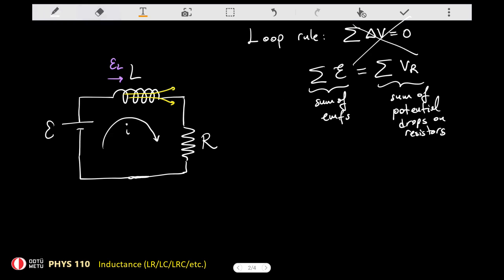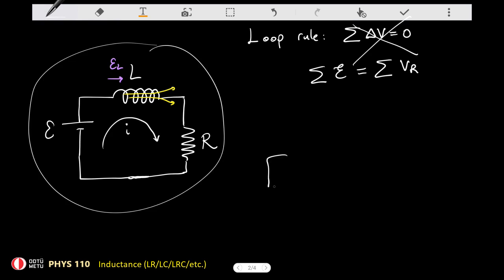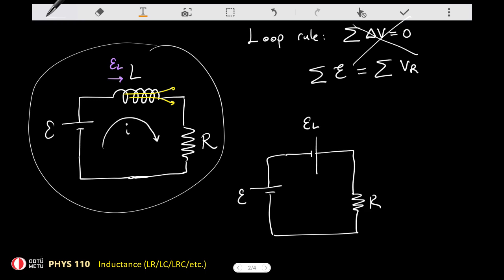Let me erase again the details in here. What I do is this. I'm just going to draw this picture again. So this circuit, I'm going to draw it like that. Everything is going to be the same except that I replace the inductor with an EMF device.